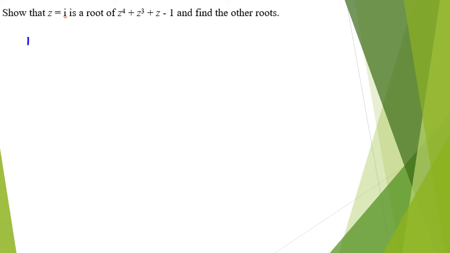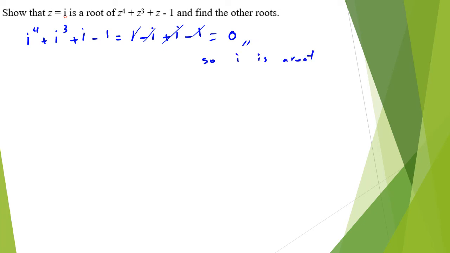So you will have i to the power of 4 plus i to the power of 3 plus i minus 1, and i to the power of 4 is 1, minus i plus i minus 1, and if you simplify everything that gives me 0, so i is a root. Now find the other roots, because i is a root and this equation has no imaginary coefficients, that means negative i is a root as well, so negative i is another root.